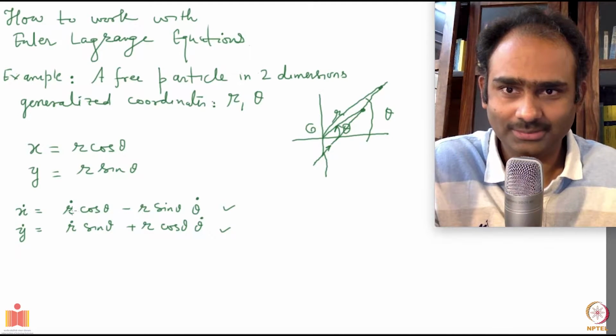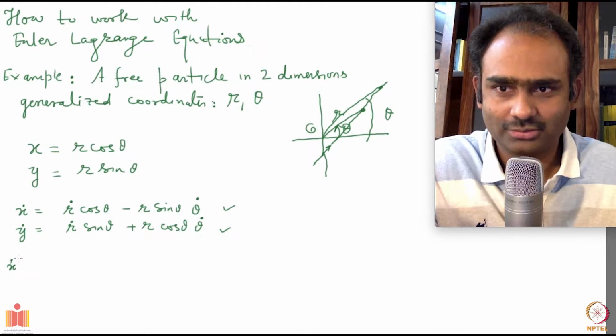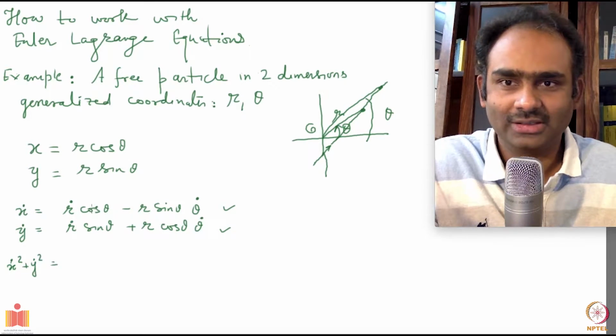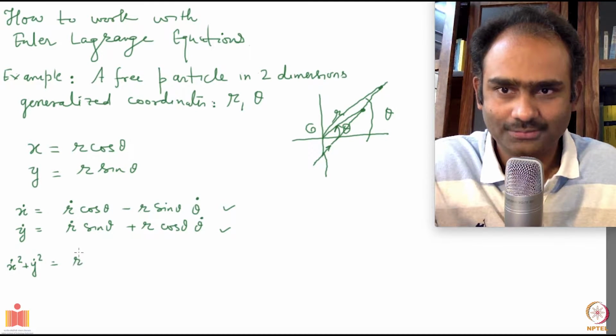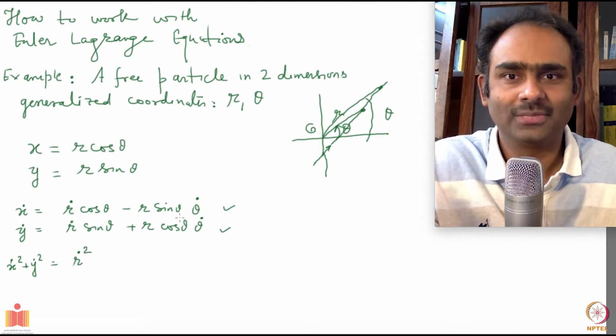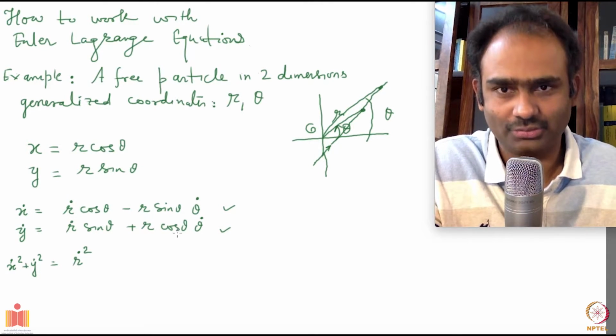When I square them, you'll have a square of this term and a square of this term, which will add, and cos squared theta and sin squared theta will give you 1. Let me write down x dot squared plus y dot squared. I'm adding the squares of this and that right now, so I'll get r dot squared. Let's add squares of these two as well. You'll get r squared theta dot squared times sin squared theta, and this one will give the same terms times cos squared theta.